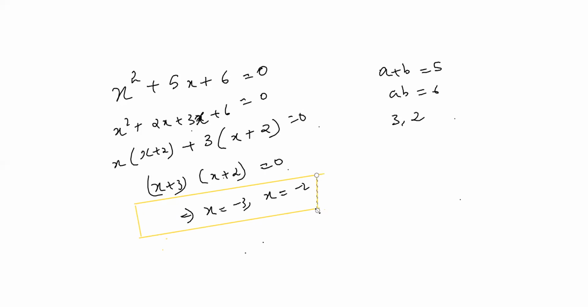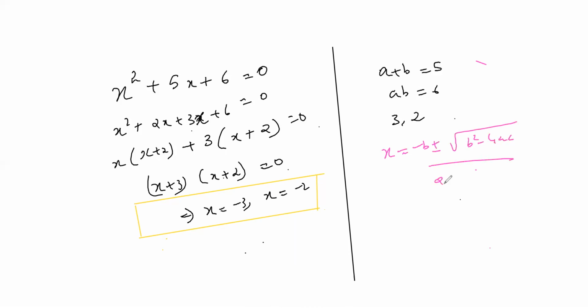Or if you're doing it the other way, let's take x is equal to minus b plus or minus root of b square minus 4ac by 2a. I'll be doing that also for you. So using the formula, x is equal to minus b plus or minus root of b square minus 4ac by 2a. First, I need the values from the question. A is 1, b is 5, c is 6.